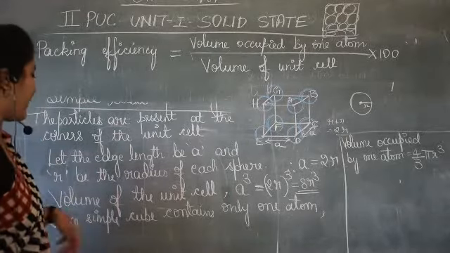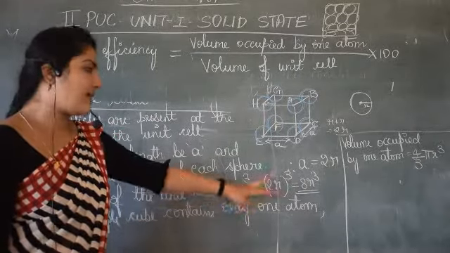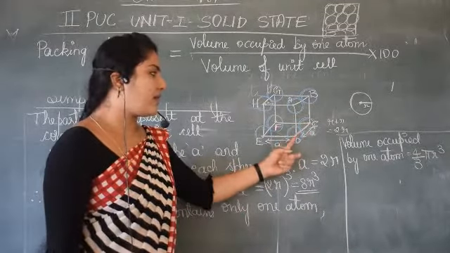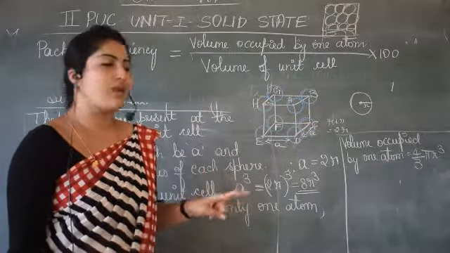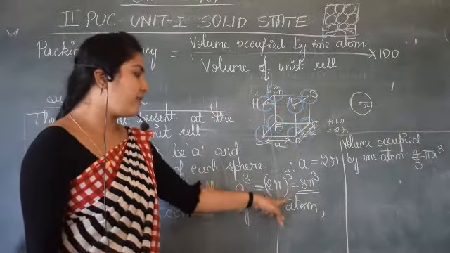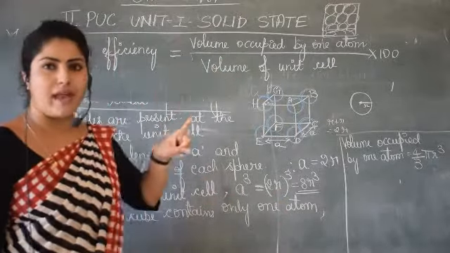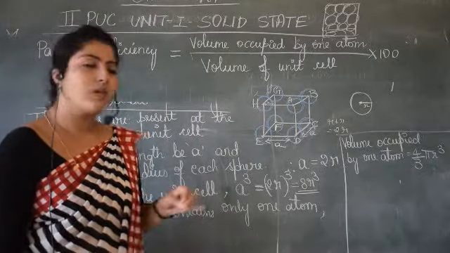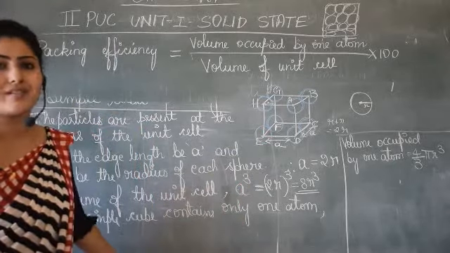So first we calculated volume of the unit cell as a cube is equal to 8r cube. We got it here because here a is equal to double the radius, so 2r, therefore cube of it gives 8r cube. Then we wanted volume occupied by one atom, so you know that volume of sphere is 4 by 3 pi r cube, so multiply it by 1 since there is only one atom present in simple cube.